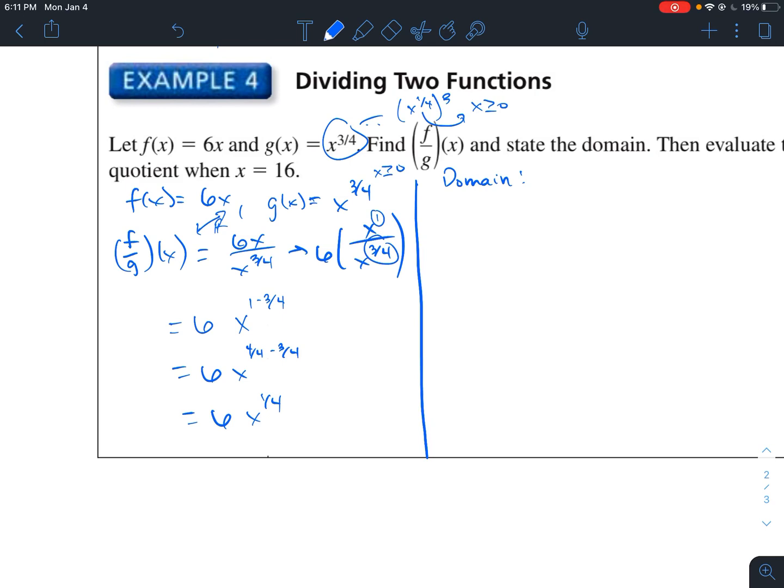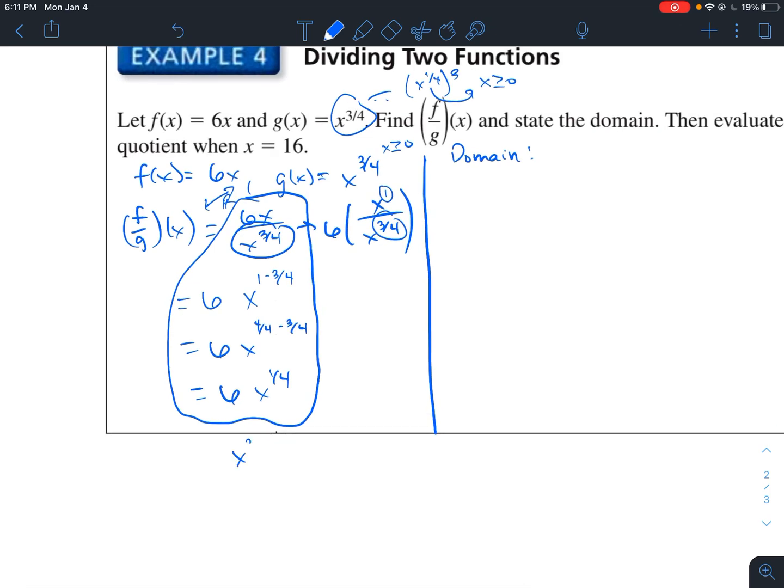And there's one other catch that we have to consider, and that is here, this is the function f divided by g. The denominator here cannot equal 0. So x to the 3/4 power can't be 0, which means that x cannot be 0.